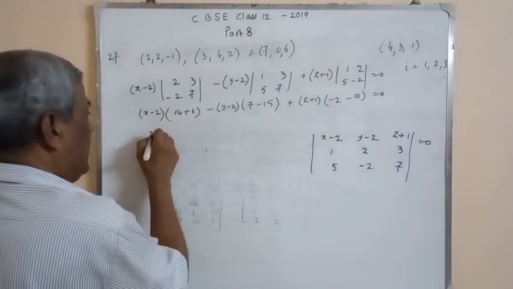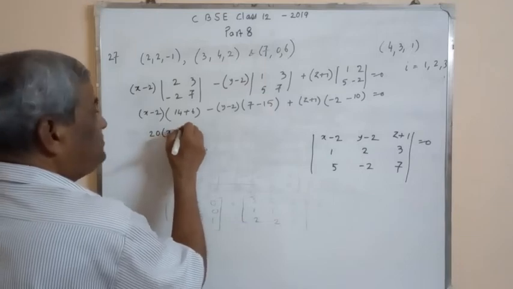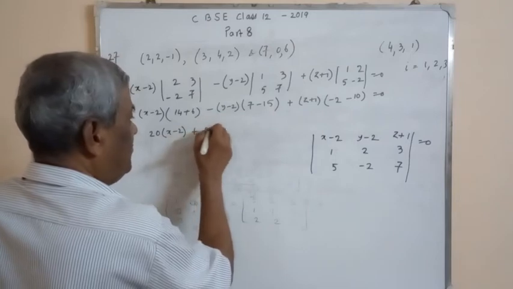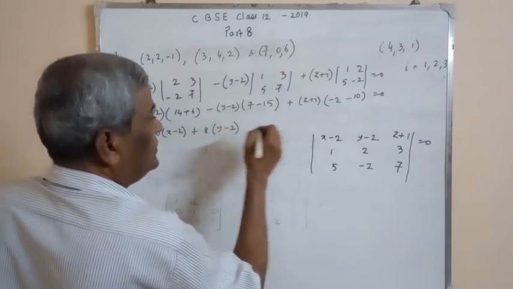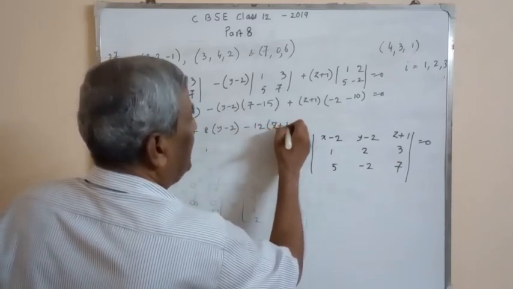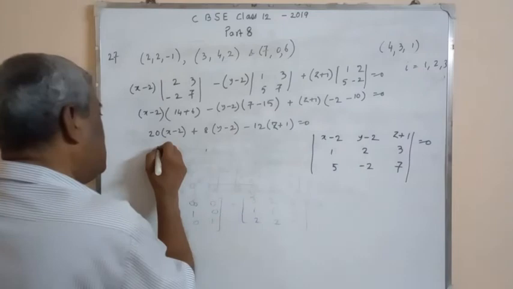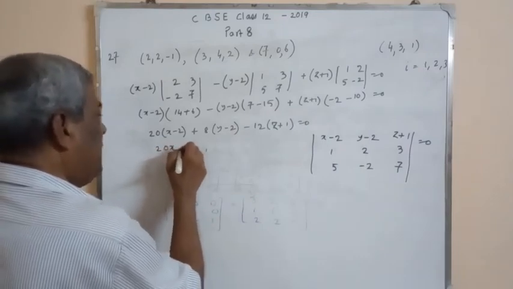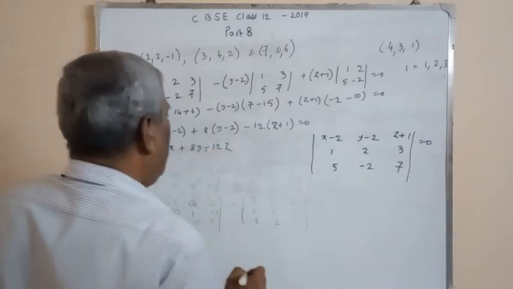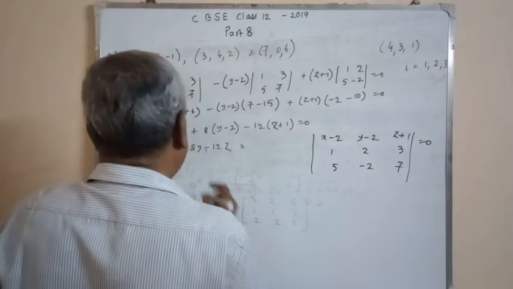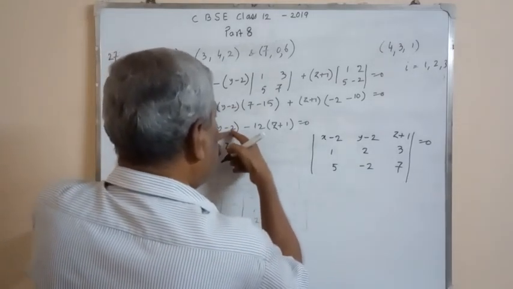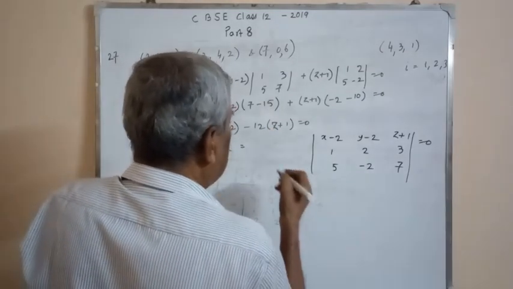That is 20 into x minus 2, plus 8 into y minus 2, minus 12 into z plus 1 is equal to 0. That is 20x plus 8y minus 12z is equal to, constant is 40 plus 16, 56 plus 12, 68.